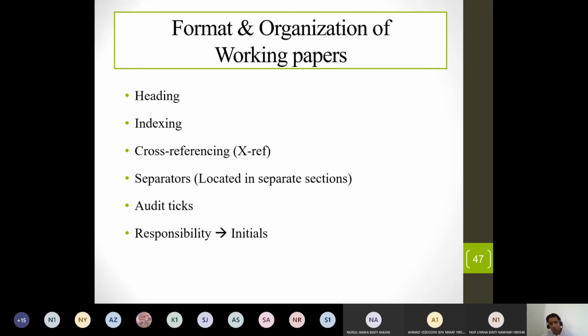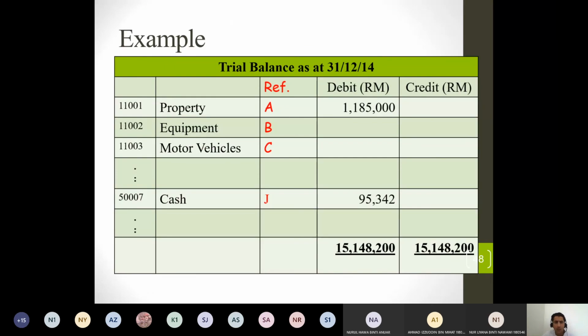It's up to the audit team. And then responsibilities or initials, which means it should include the person who is preparing those working papers.